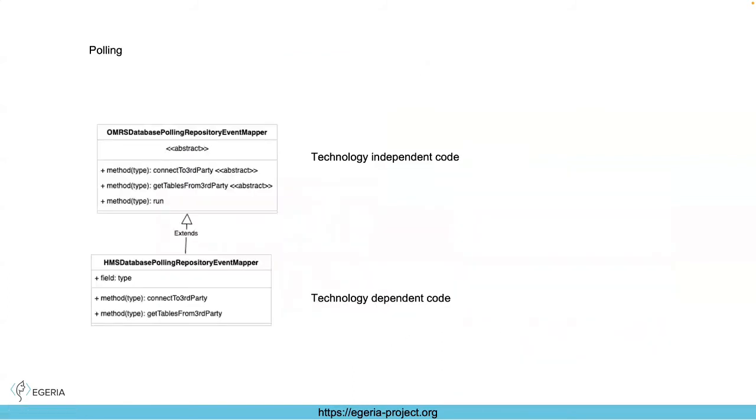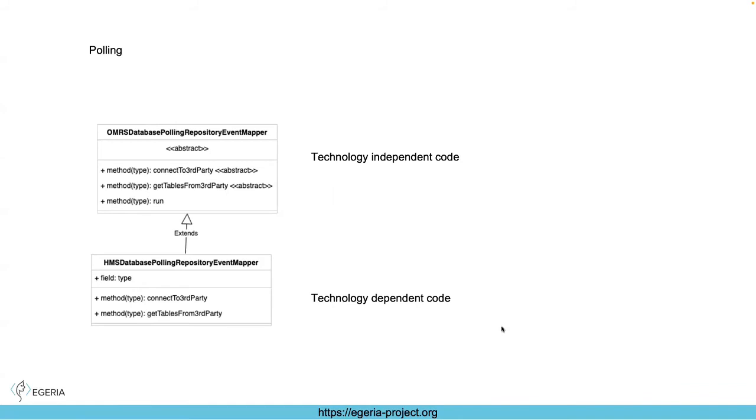And for the polling side of things, the code is split up into two classes. There's an abstract top level class that does most of the work, but it's technology independent. And we've only got two technology dependent methods: when we want to connect to the third party, or get all the tables.